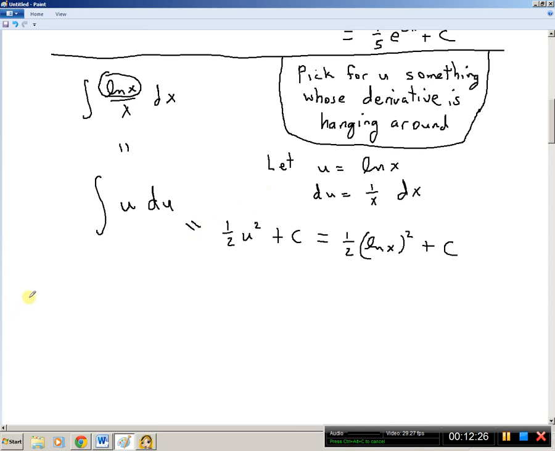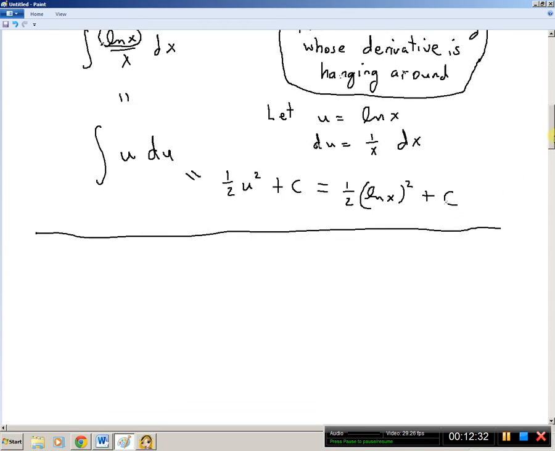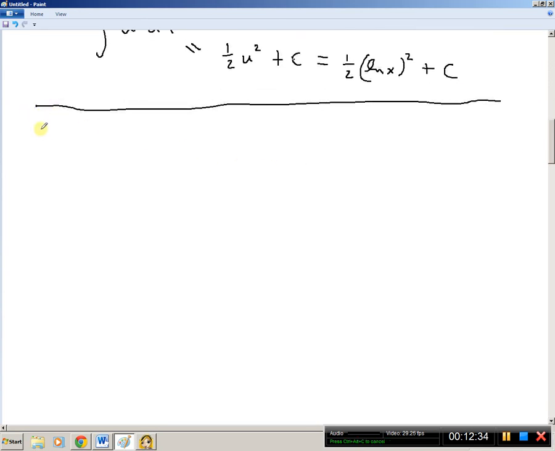Okay, let's look at one that looks horrible, but sometimes the worse they look, the easier they are. So this is one of the exercises in the book. It's, I don't remember which one, but it's a plus b times x squared divided by the square root of 3ax plus bx cubed.